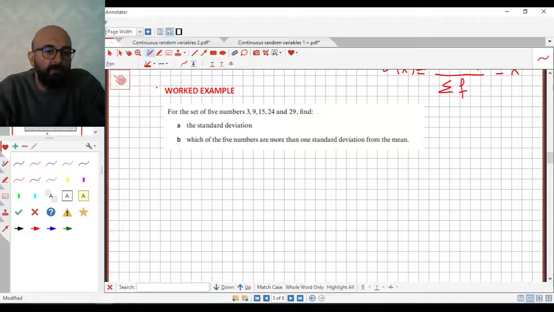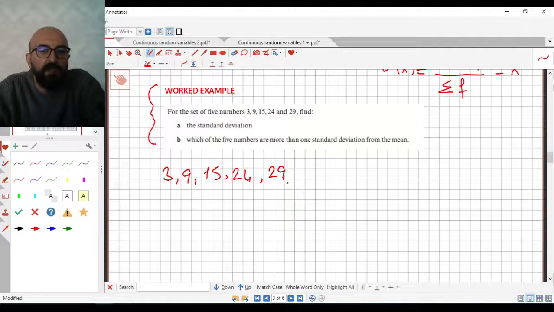Okay, now please notice this example: for the set of 5 numbers 3, 9, 15, 24 and 29, find the standard deviation. Which of the 5 numbers are more than one standard deviation from the mean? Okay, now we should compute the mean firstly.